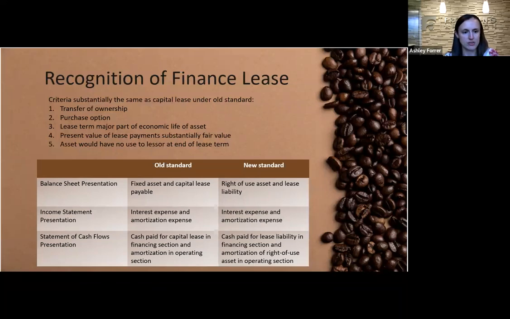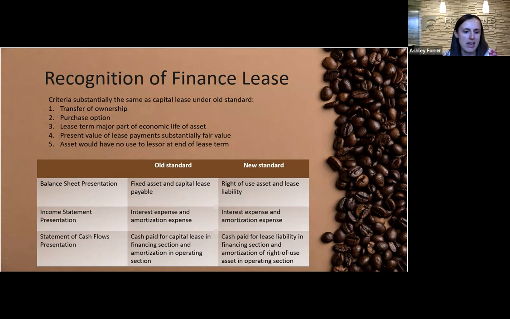And our statement of cash flows presentation under a finance lease, again, remains substantially the same. The cash paid for the capital lease under the old standard was in the financing section, and now we just have cash paid for a lease liability in the financing section of the statement of cash flows. So same presentation, just a different way of wording it on the financial statements.